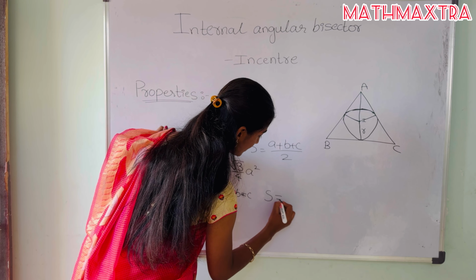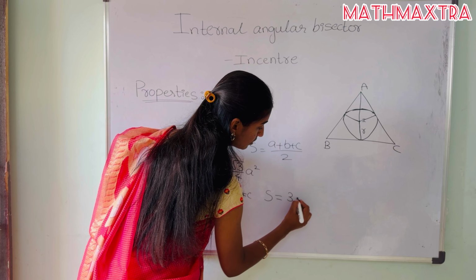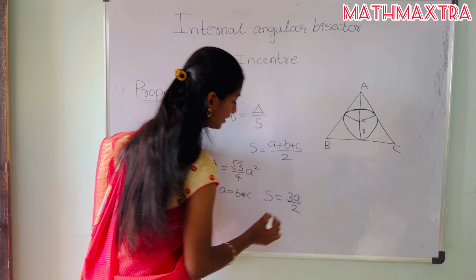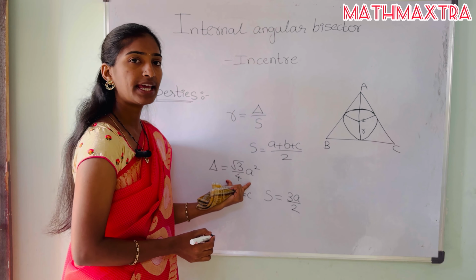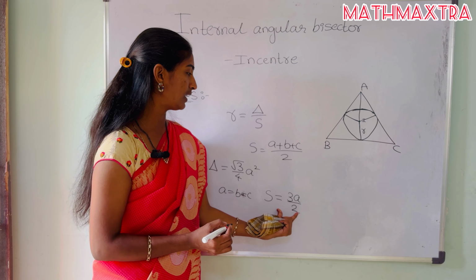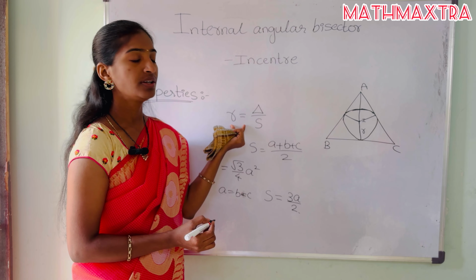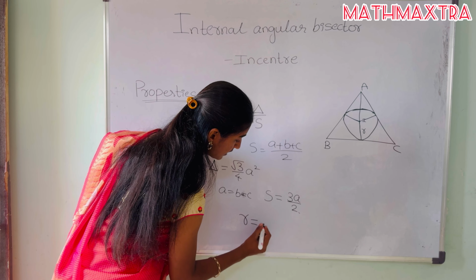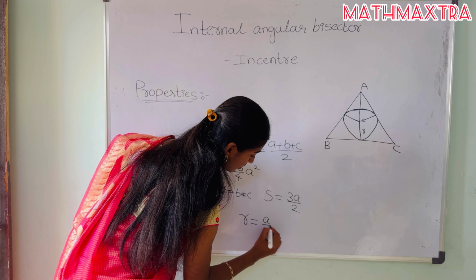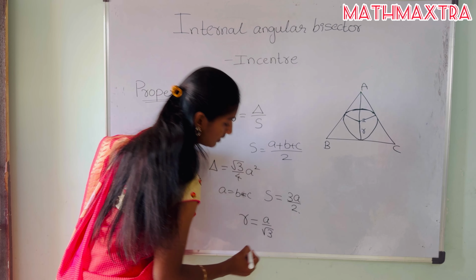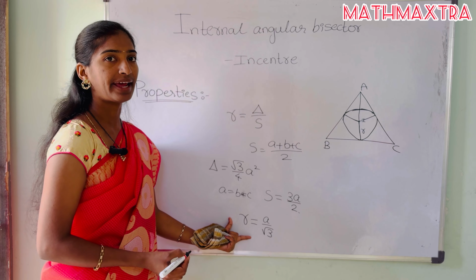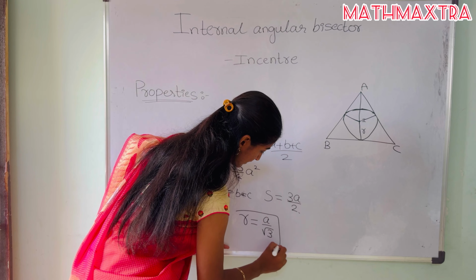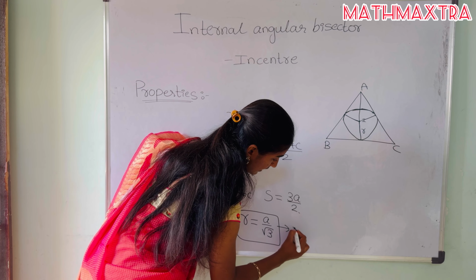Then what will be the semi-perimeter? So 3a by 2 is the semi-perimeter. If you substitute this area and semi-perimeter in this formula, you can easily find that the inradius r is equal to a by root 3 (a by 2 root 3). This is the inradius for an equilateral triangle.